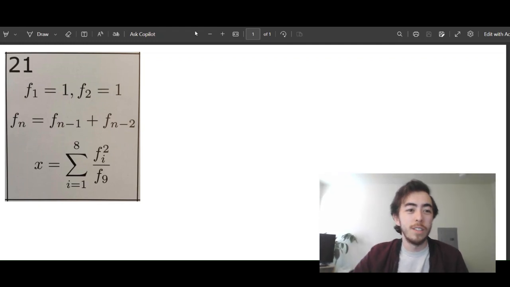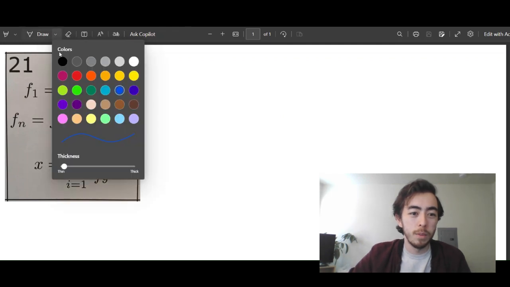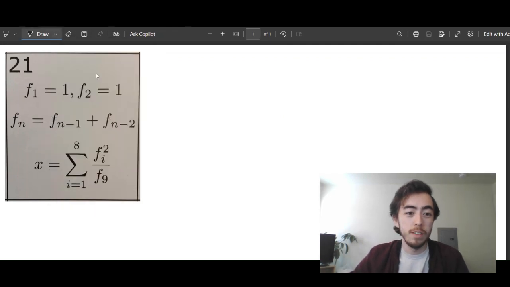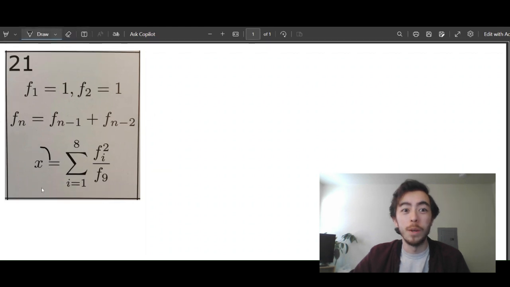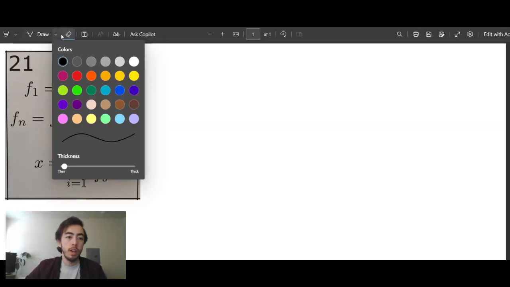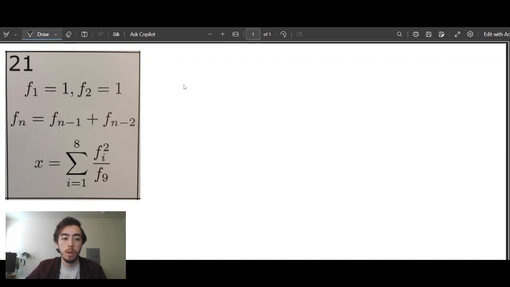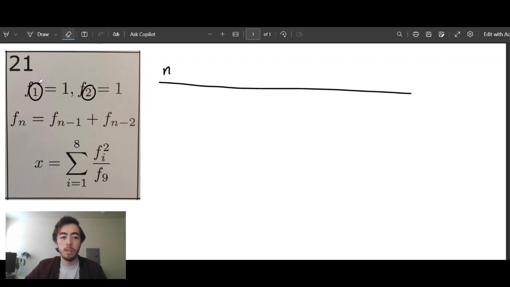All right, so the answer is 21, and we need to make sense of all of this notation and show that x is 21 today. So I see that we have a sequence where I'll put this in a table. I have some kind of number here, which tells me what term of the sequence I have.